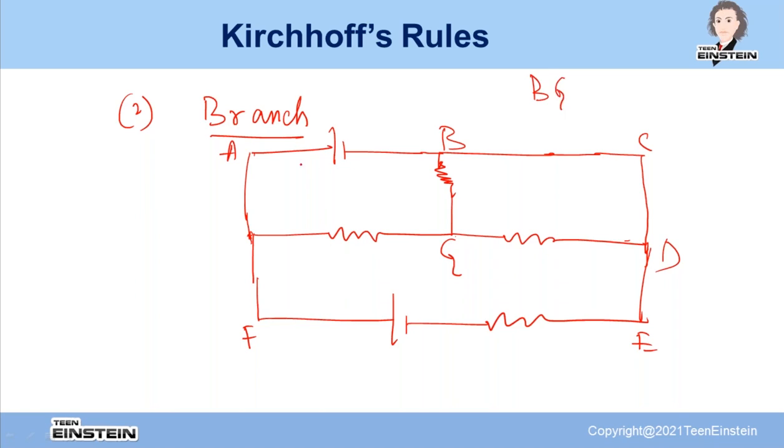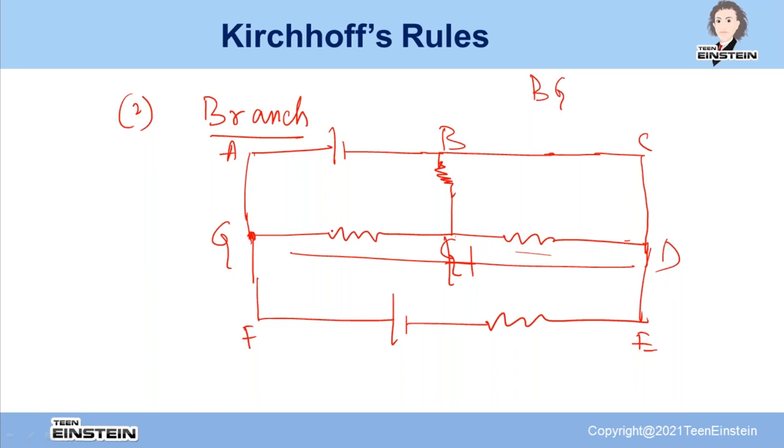Okay, I have CDE. Suppose this is G, this is H. Okay, so GH or maybe GD is a complete branch, you can say. Okay, this is BH is another branch. So like that, I can have a single path. Okay, a complete path is called a branch actually. See, before I go to another junction, it is called a branch.